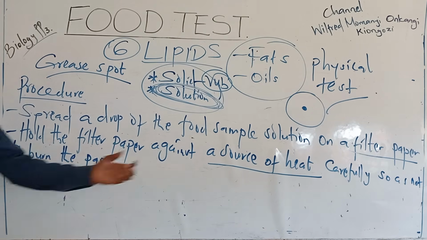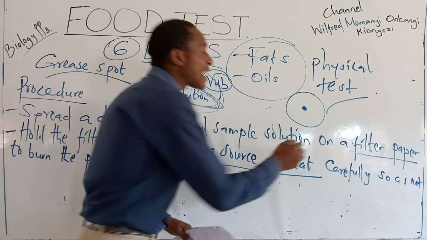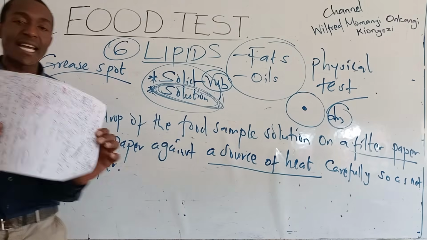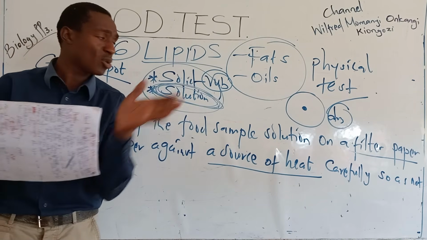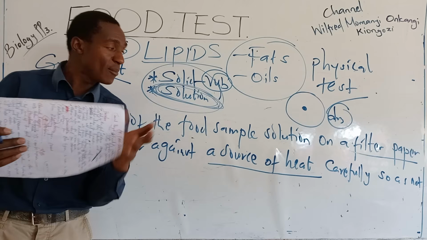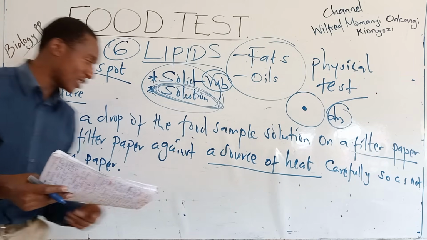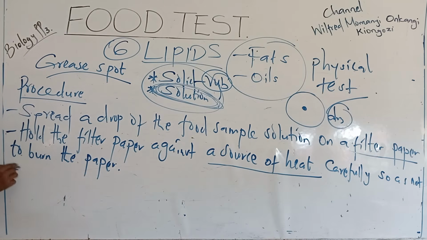So what you're doing is, you want this spot to dry. That's why you're holding it against a source of heat. Maybe it could be a candle or some Bunsen burner, some flame, but you must be careful not to burn it, just to dry that spot. When that spot dries, you do the last procedure.